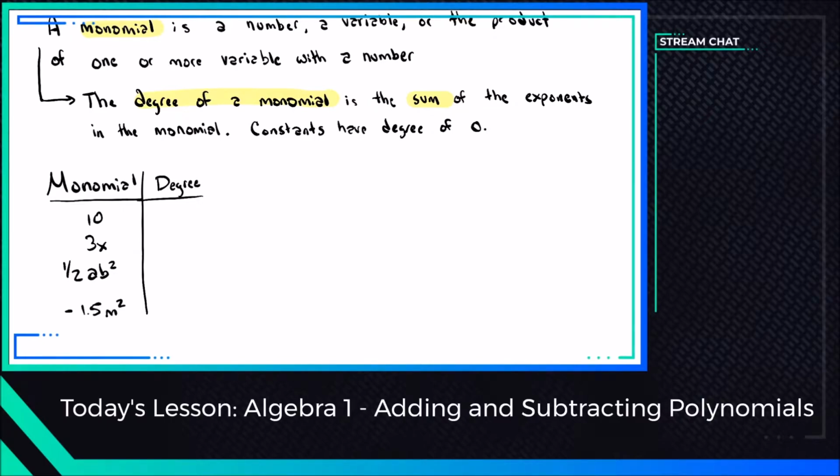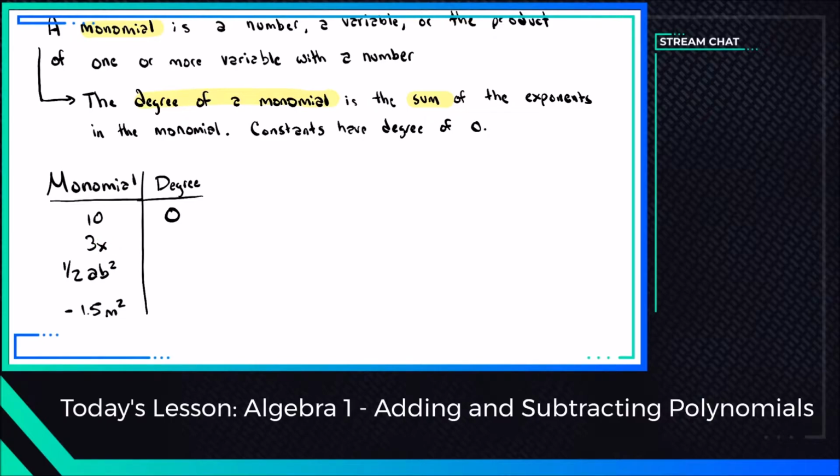And to find the degree, we need to take the sum of the exponents. And if there is no exponent, like a constant, and a constant's a whole number, that's just going to be a degree of 0. So this number 10, its degree is going to be 0. If we look at 3x, just disregard the 3 and look solely at the variables. If you see no variable, it's 0. If you see a variable, then add the sum of the exponents.